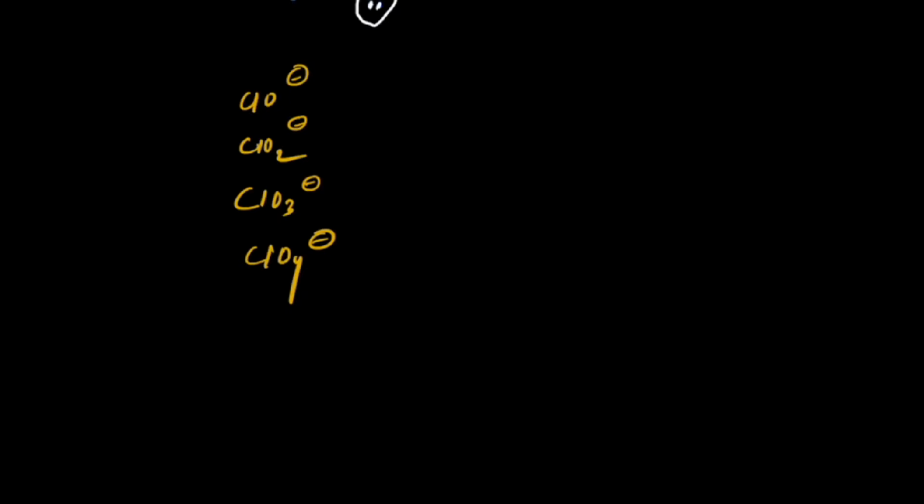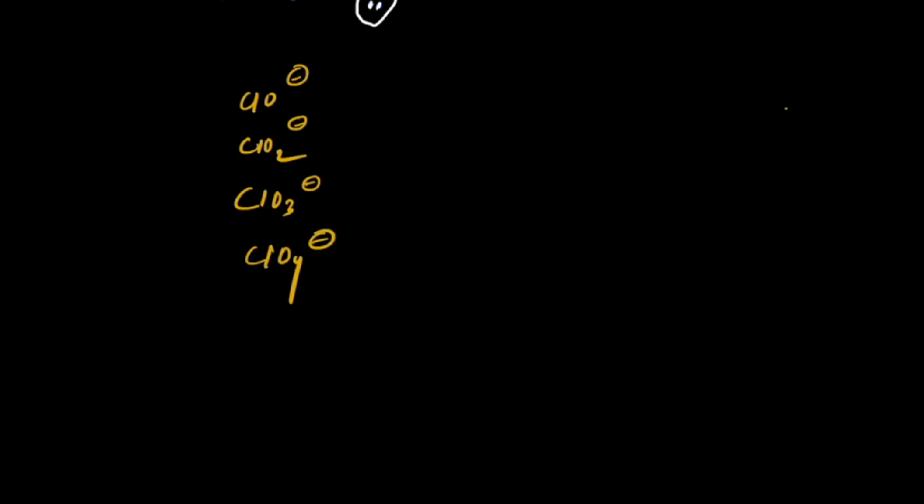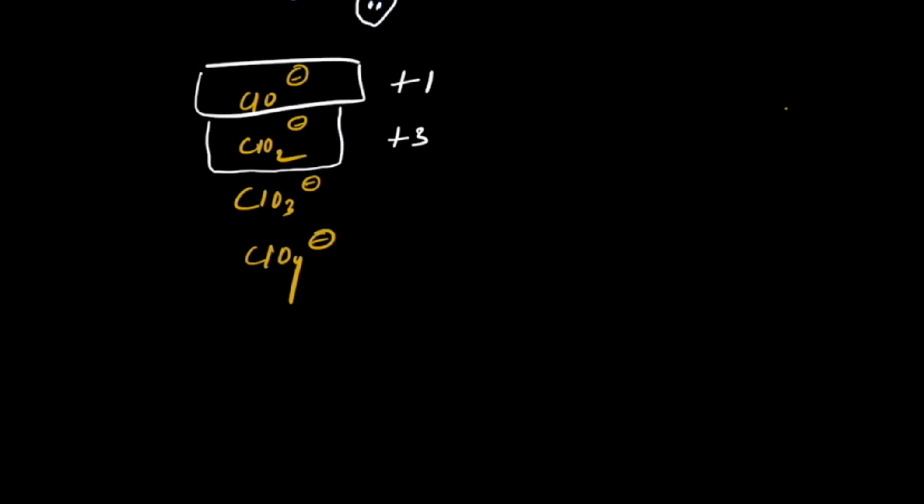Now, how to find the oxidation state directly? Oxygen always has oxidation state of -2. So for ClO minus, it is overall having -1. So chlorine must have +1 because -2 + 1 is -1. For ClO2, oxygen has -2, correct? So there are total 2 oxygens. Total it is having -4, correct? But overall it is -1. So -4 + 3 will give you -1.